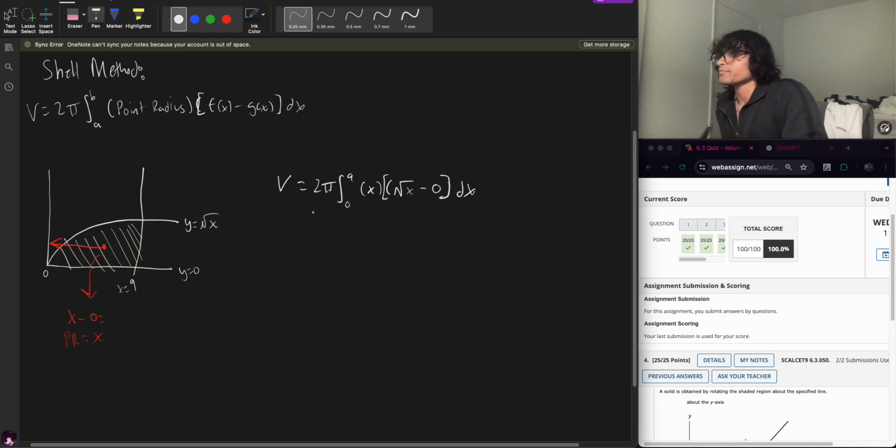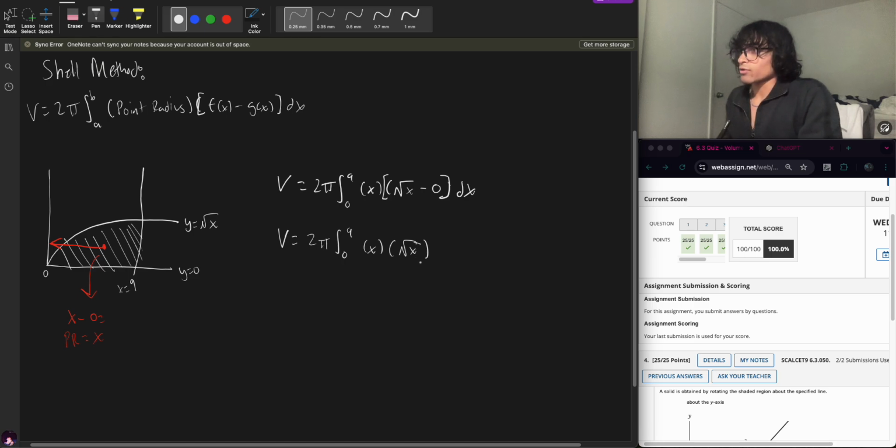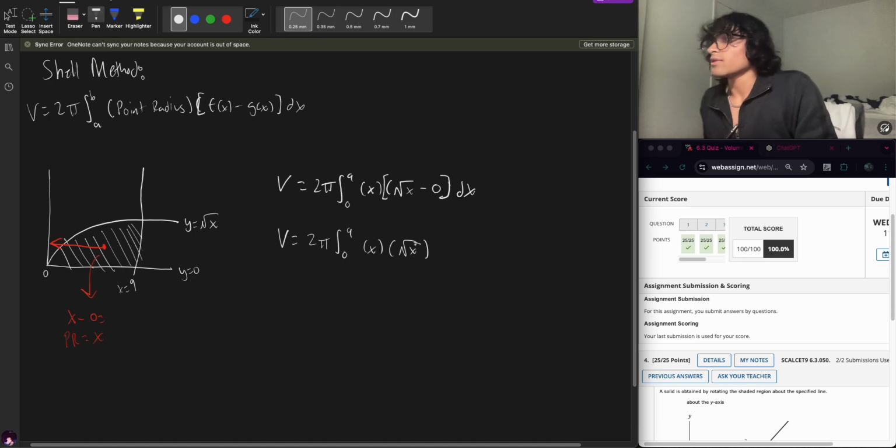Now we are going to make this look a little simpler. So volume equals 2 pi, bounds of 0 to 9, x times the square root of x. We don't like square roots, so we're going to put this to the power of 1/2 instead. So 2 pi, bounds of 0 to 9, x times x to the power of 1/2.